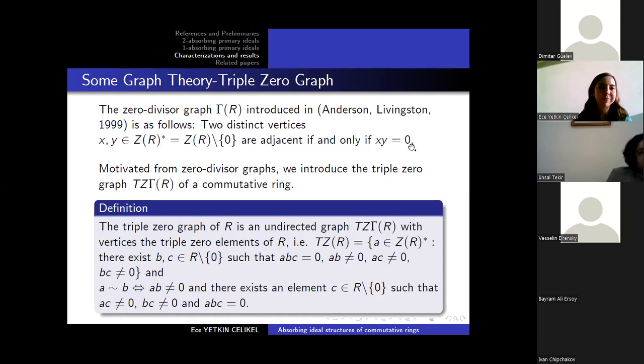Now, again, we will define the triple zero graph. What about the vertex set? The vertex set will be the triple zero elements. The triple zero elements are defined as non-zero zero divisors A such that there exist non-zero elements B and C which make this product zero, but the double products are not zero.